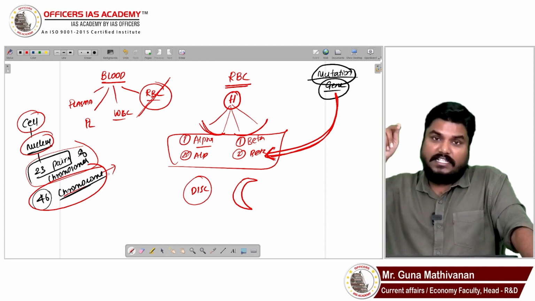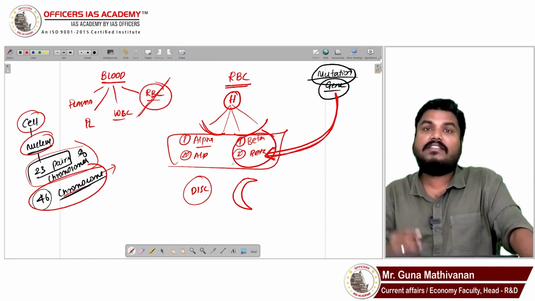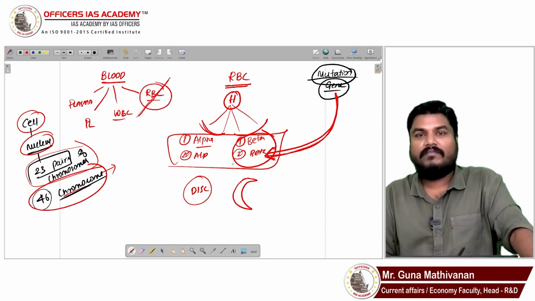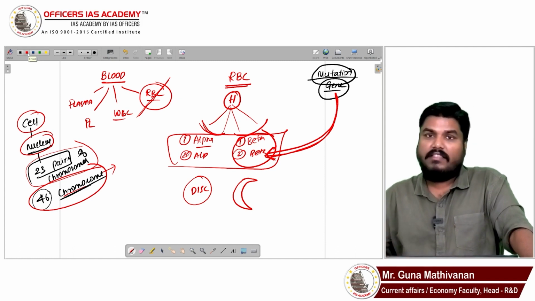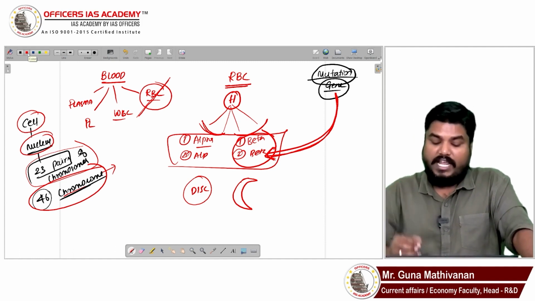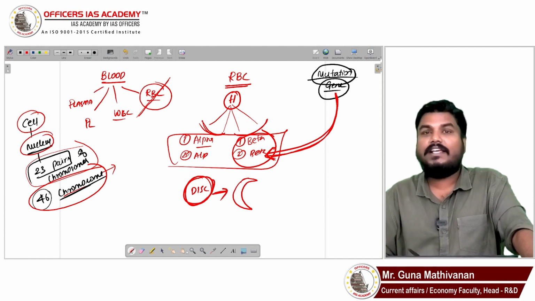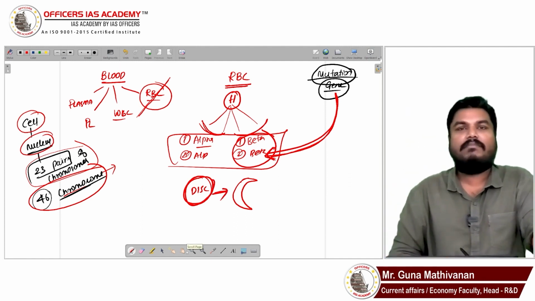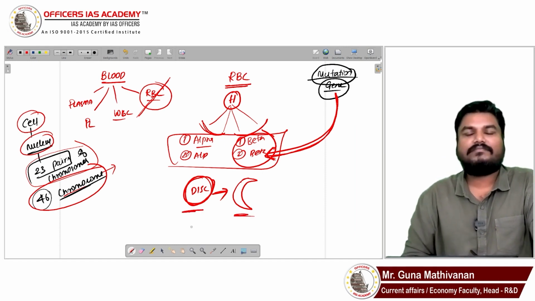That alteration is affecting the beta globulin. Beta globulin is a component of hemoglobin. So the alteration in the gene makes the beta globulin change the disc-shaped red blood cell into a sickle-shaped red blood cell. From disc to sickle.